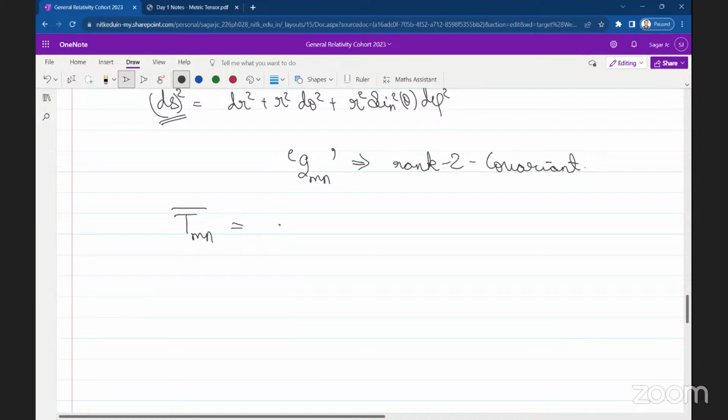So I'll write it to be ∂x_i by ∂x bar m, ∂x_j by ∂x bar n, T_ij. Is it correct? Is it correct, guys?